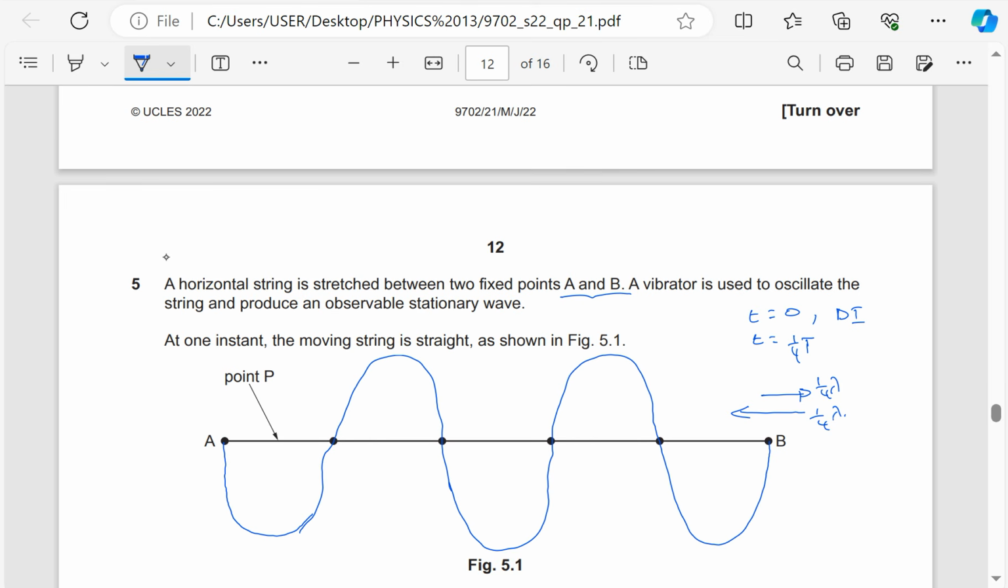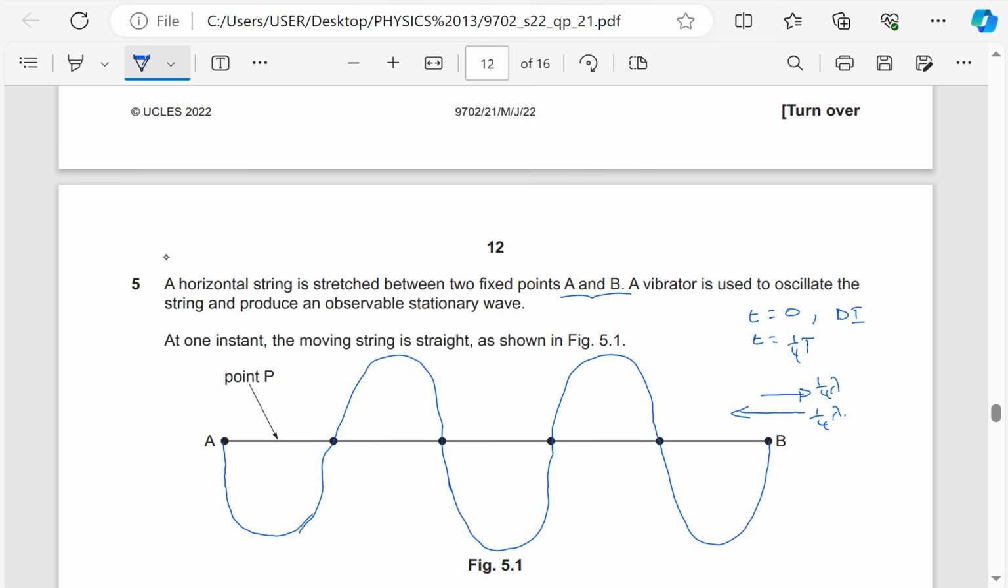If we had started with constructive interference, after a quarter of a cycle we would have destructive interference, because the path difference between the two waves would be 180 degrees. The two corresponding particles are going to be half a cycle apart.